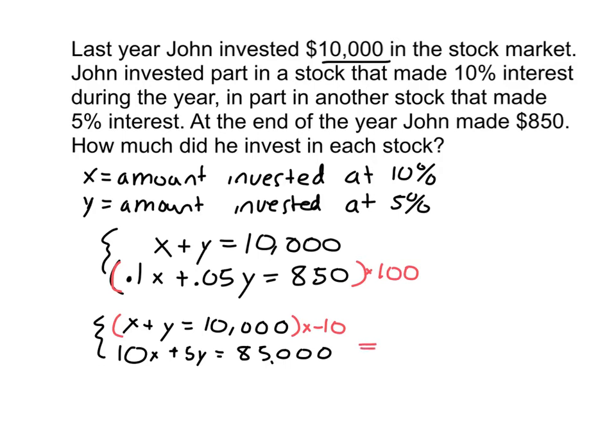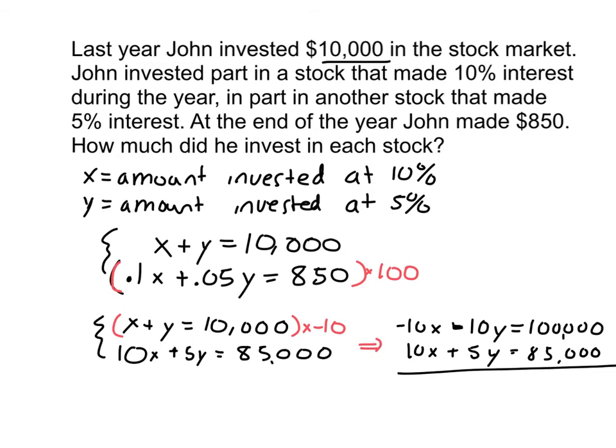I would end up with -10X minus 10Y equals -100,000, and then I have 10X plus 5Y equals 85,000. I didn't do anything to the bottom.